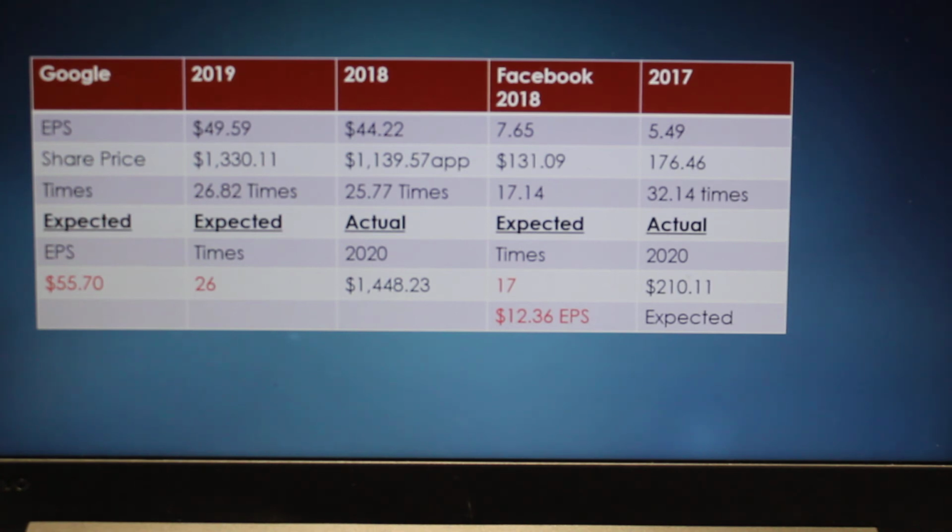I will assume that the fall in the share price is maybe a function of two variables. One, they had a scandal about privacy and data management, and that may have caused a dip in the share price over the period, where they had to declare information to the Senate about how data was handled.